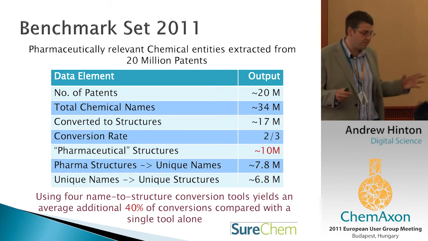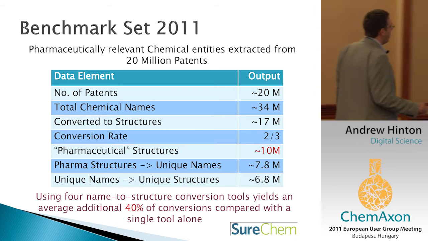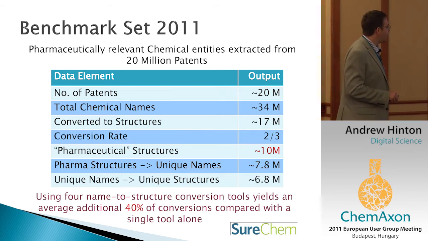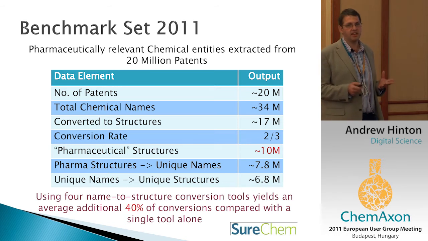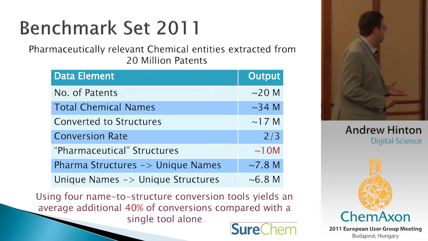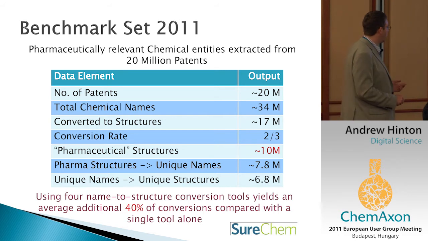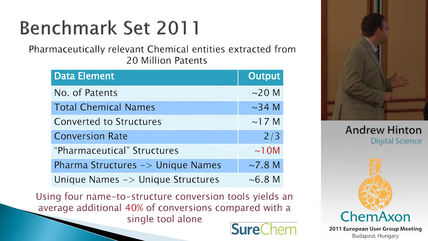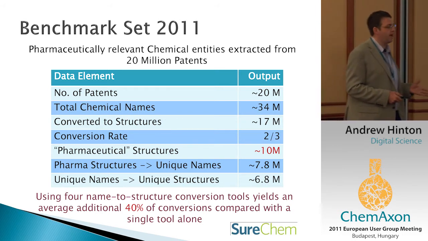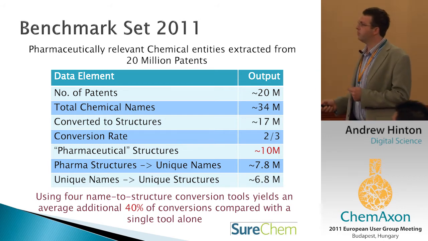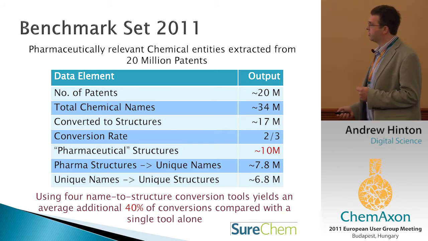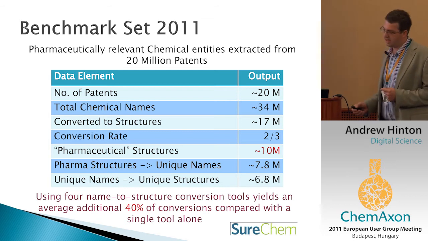The key message I want to emphasize at this point is that I suggest anybody who is using a single name-to-structure tool in any of their process take a look at another one, because we found that by using multiple name-to-structure conversion tools, this yields an average additional 40% of conversions compared with a single tool alone. So this is quite important if your business is trying to get a structurally searchable patent database.